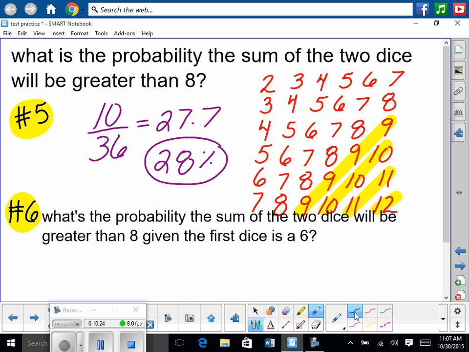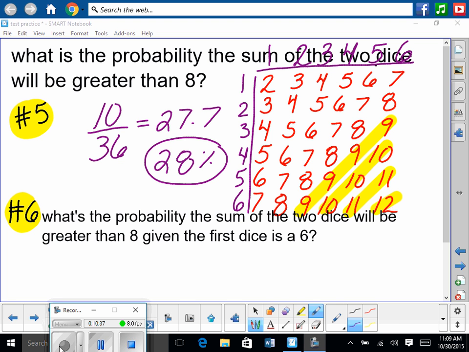So what I would have listed is that we had a 1, a 2, a 3, a 4, a 5, a 6. Hold on just a second. Okay, there. So it's easier when you have those dice listed out on the top.